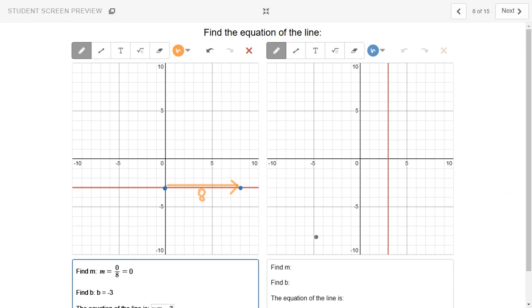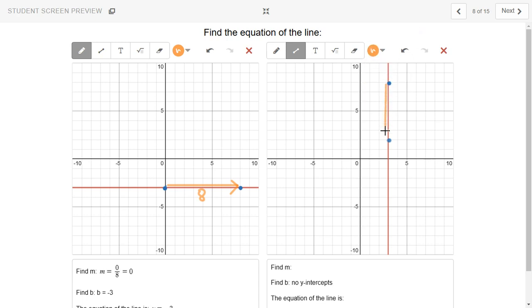Let's talk about the vertical line now. The vertical line has no y-intercept because it doesn't touch the y-axis at all. Now let's deal with the slope. Let's say I picked this point and this point.